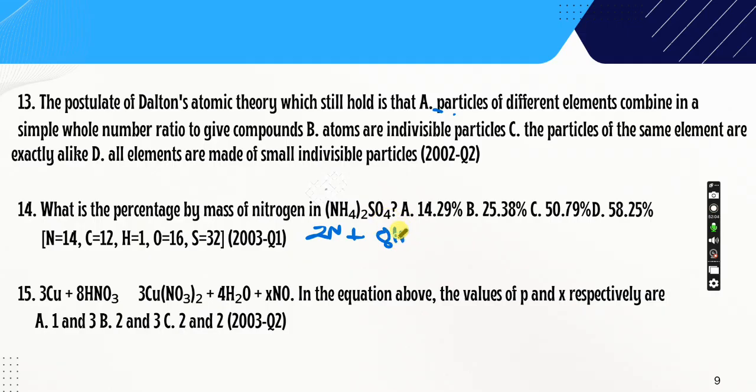We have 8 hydrogens. Then we have what? Just 1 sulfur, and we have 4 oxygens.